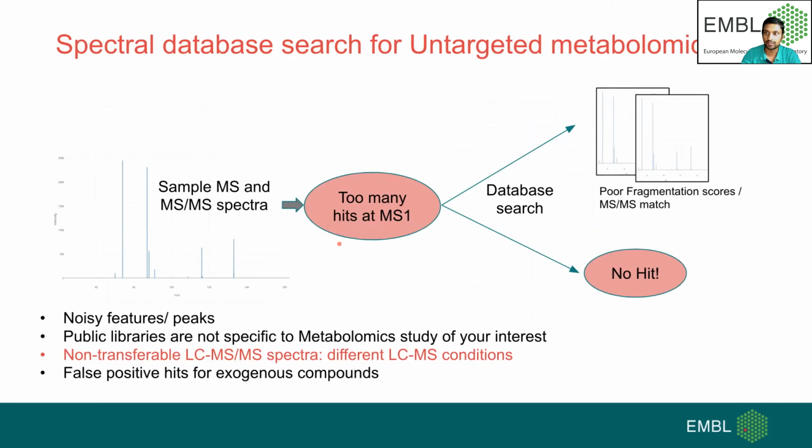And since they are generated from different instruments, which may or may not be the same as your instrument, the spectral quality may vary or they may not match. For example, you are running on an Orbitrap and someone has generated data in this library from a QTOF, then there might be a difference. So this is where level 2 identification comes. This is not 100% reliable spectral data, so before reporting, you need to validate it using an actual standard in your lab.